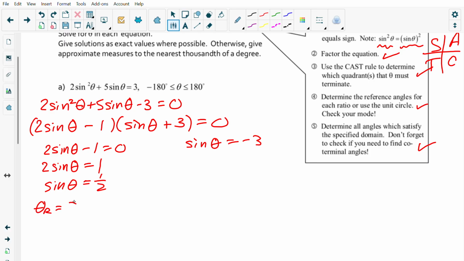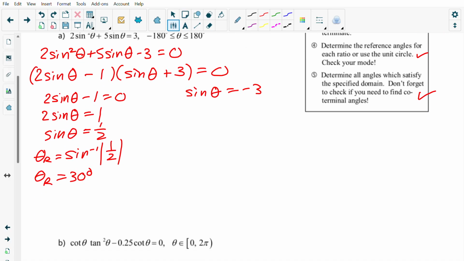And let's calculate our reference angle as the inverse sine of the absolute value of 1/2. And my reference angle is 30 degrees. Sine of theta is positive in quadrants 1 and quadrant 2. So I need to do solutions in quadrant 1 and 2.